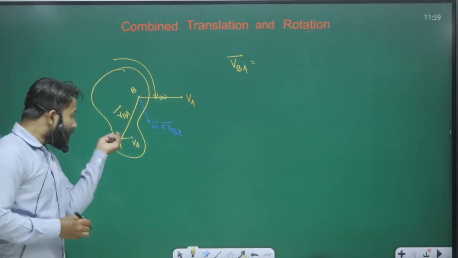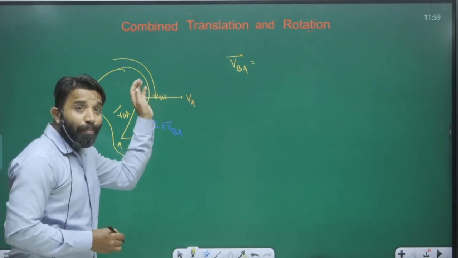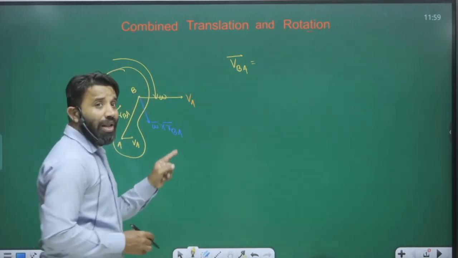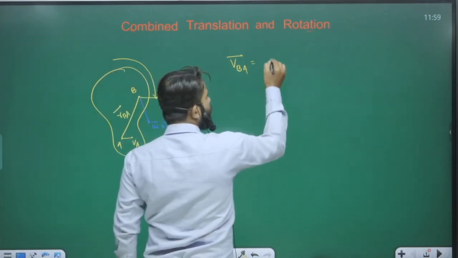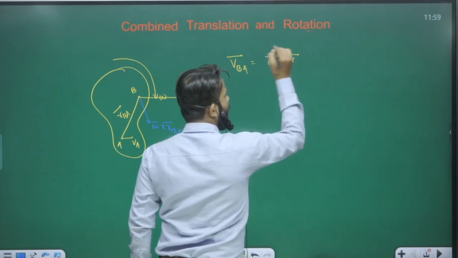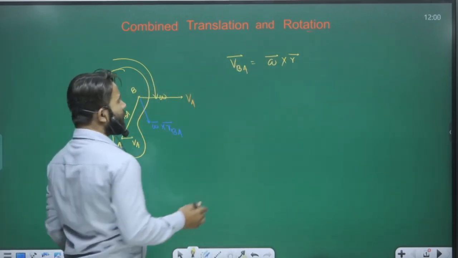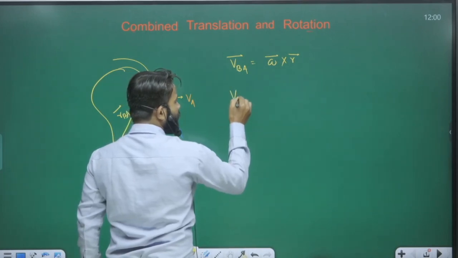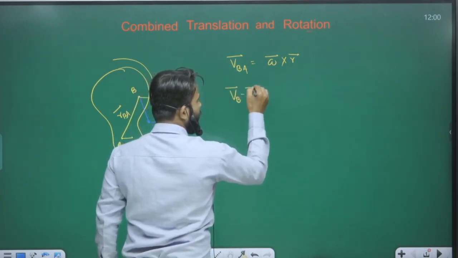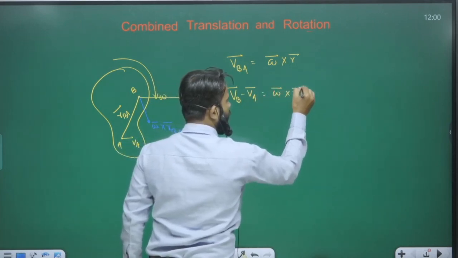You have fixed yourself at A and are observing B, you will find B is performing circular motion, and if it is performing circular motion then the velocity of this point will be omega vector cross r vector. Is it okay? Now this VBA can be written as VB vector minus VA vector and this is equal to omega vector cross r vector.